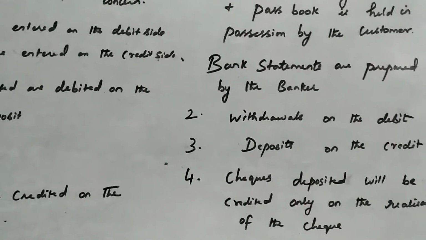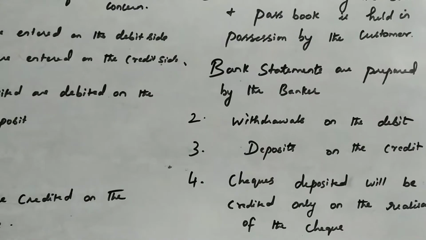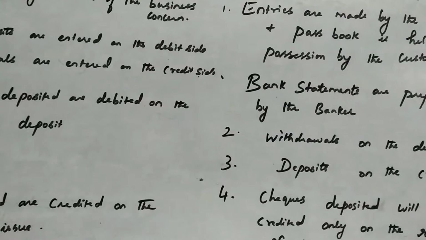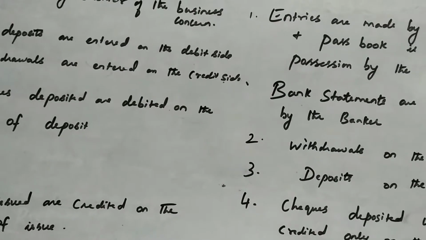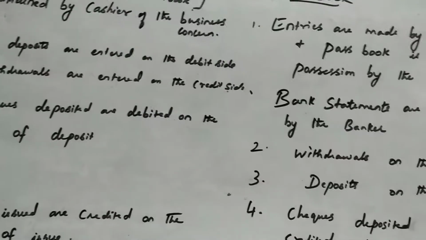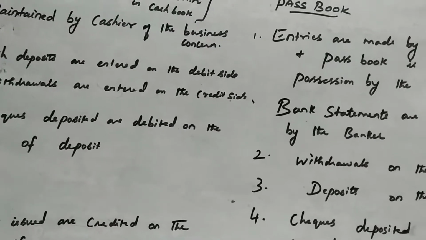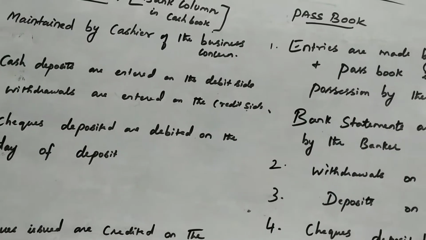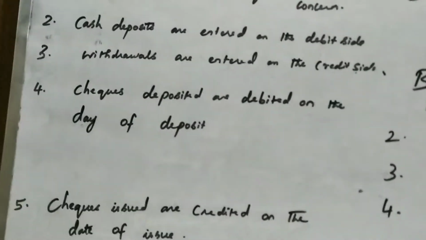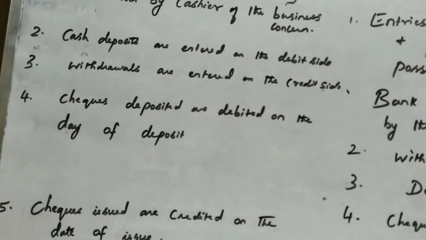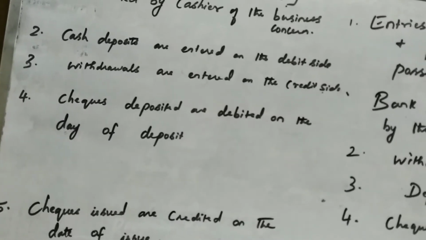Then coming back to check. When we have a bank account, you have this option, checkbook facility. So you have also gained that facility and you have your checkbook, right? So when checks are being deposited, it will be debited on the day of deposit in a cash book. For example, you have drawn a check in favor of your supplier.